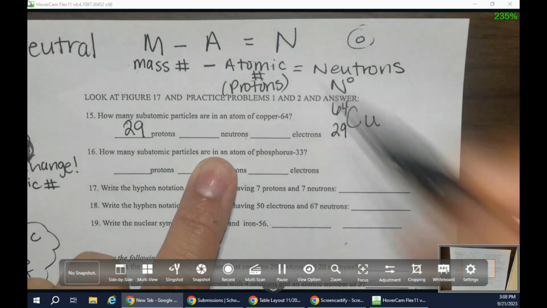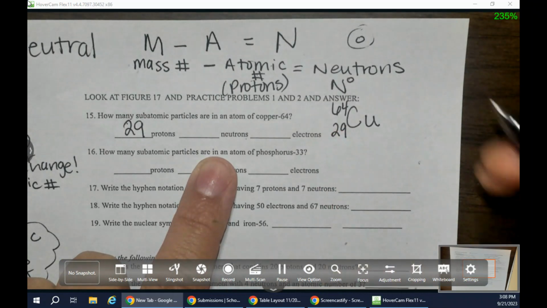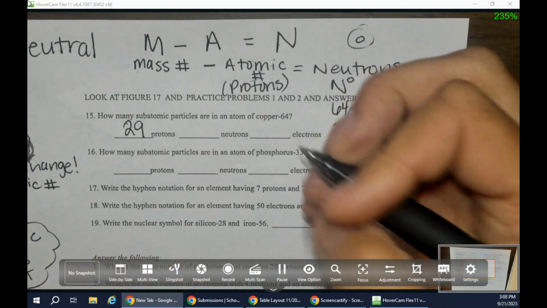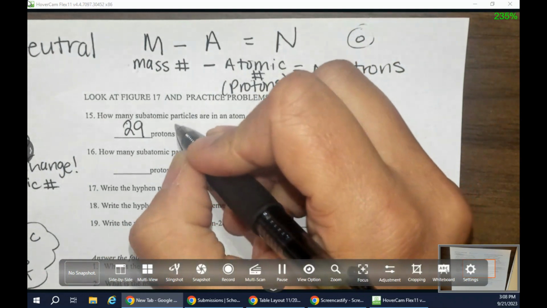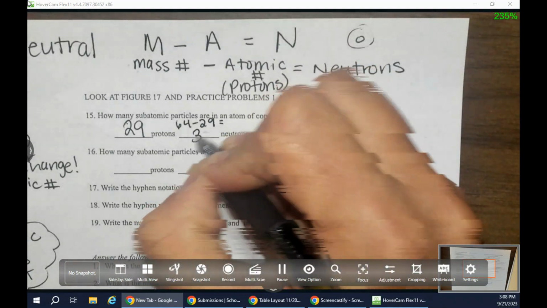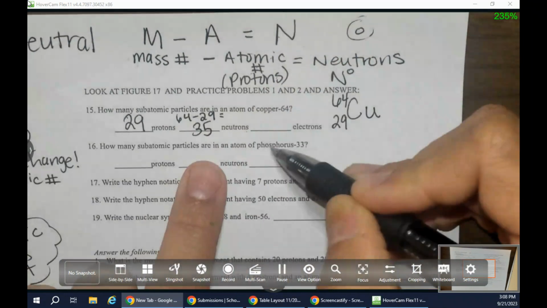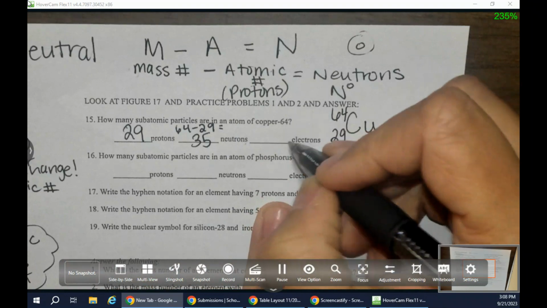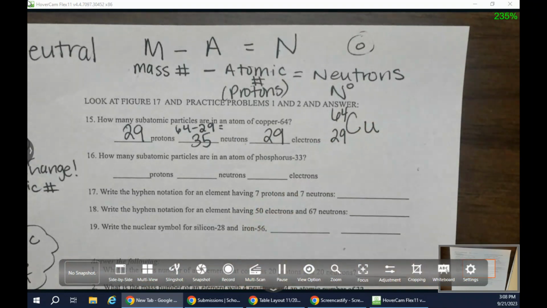Look right above it. Or at least tell me how we're going to do it. Good. We're going to subtract 29 from 64. So we're going to say 64 minus 29, 35. Good. So we have 35 neutrons. How many electrons do I have if it's neutral? Still 29. Good. Okay. All right.